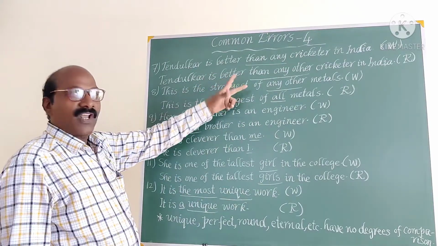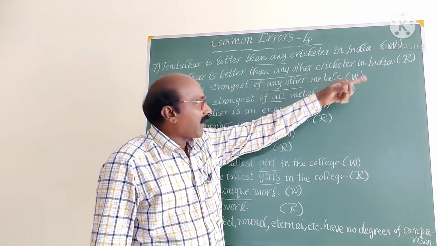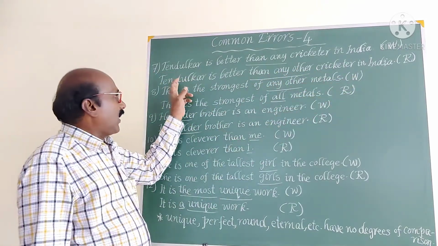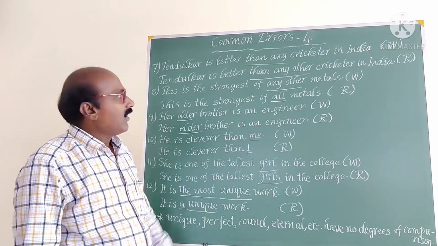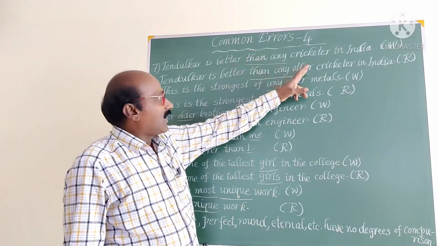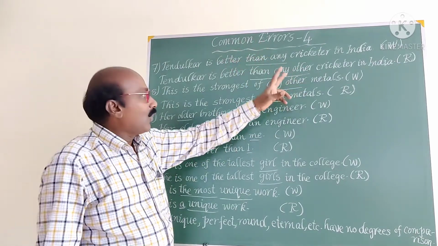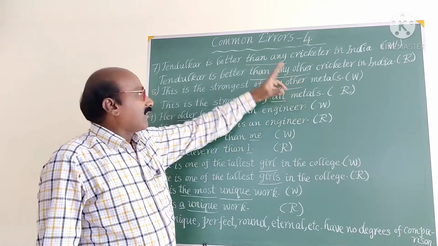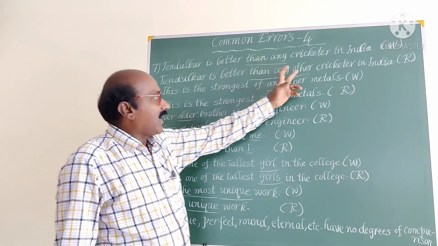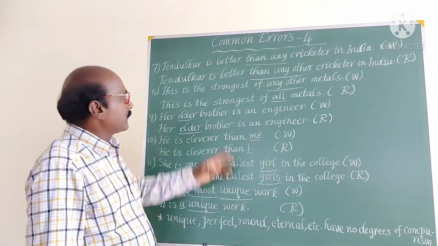So the right expression is Tendulkar is better than any other cricketer in India, because Tendulkar is compared to a number of cricketers in India, and if we do not use other, Tendulkar is better than Tendulkar. So, Tendulkar is better than any other cricketer, and he should not be included himself in that.